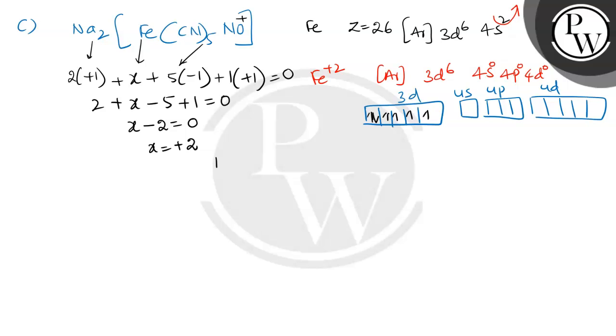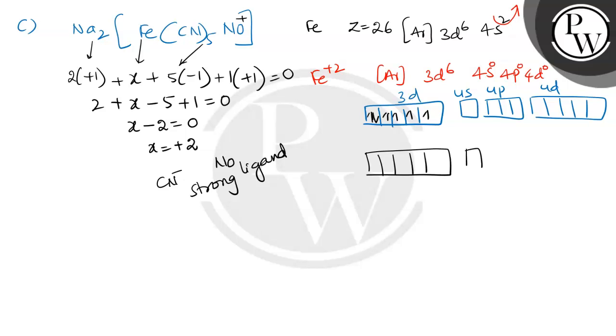Now as NO is a strong ligand, CN minus is also a strong ligand, what will happen? Pairing takes place again, as per Hund's rule. So in the next picture of the electronic configuration, this electron is paired with this and this is paired with this. So 1, 2, 3 pairs of electrons.